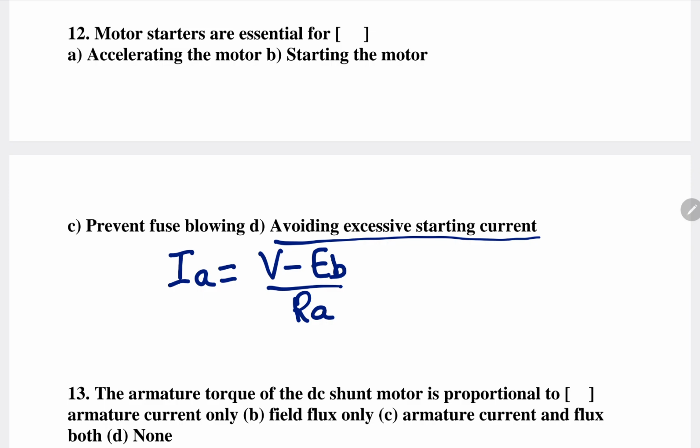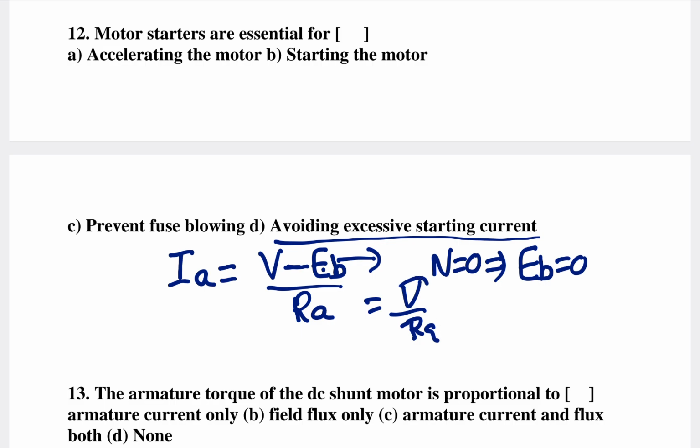Whenever we switch on the power supply, initially the motor speed is 0 or very low. Motor speed is 0 means back EMF is equal to 0. So the subtracting value becomes 0, giving V by Ra, which will be huge.